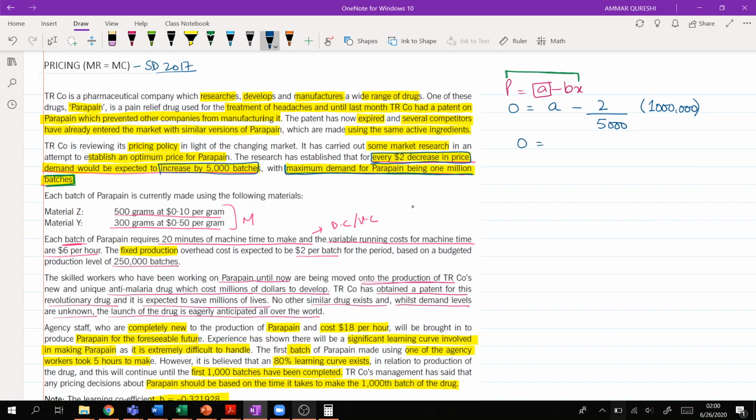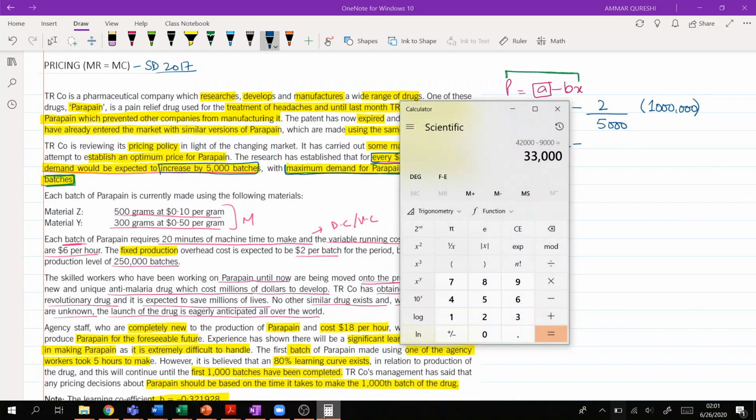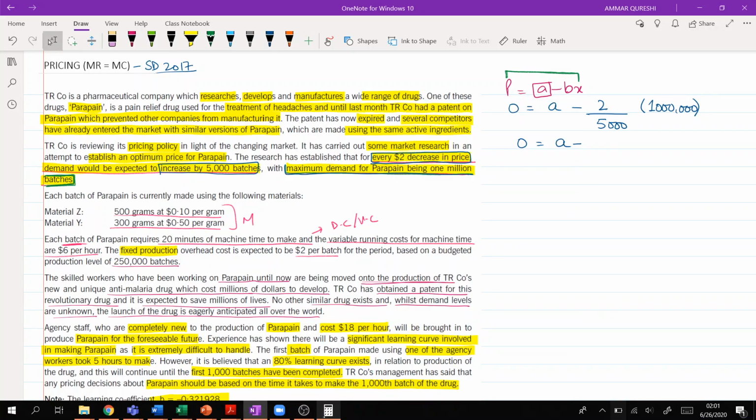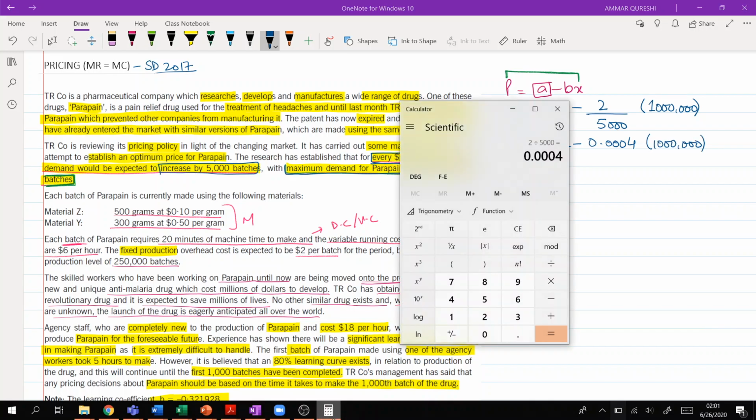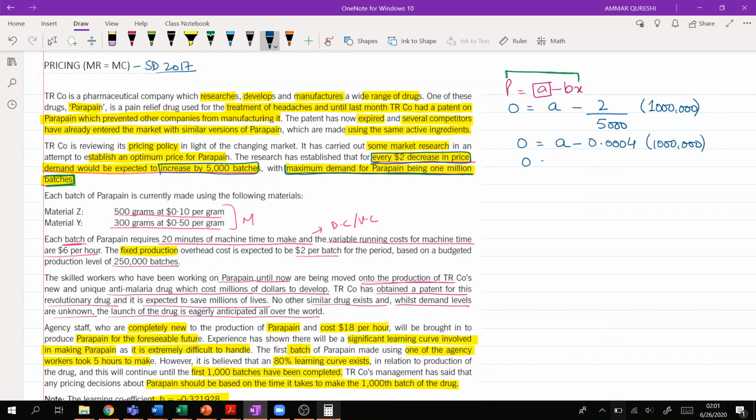So 0 is equal to A minus 2 upon 5,000, which is 0.0004, multiplied by 1 million, and this figure is 400. So 0 is equal to A minus 400, and in this case A will be equal to $400 per unit. That means the price at which sales volume will be equal to 0 is $400, right?